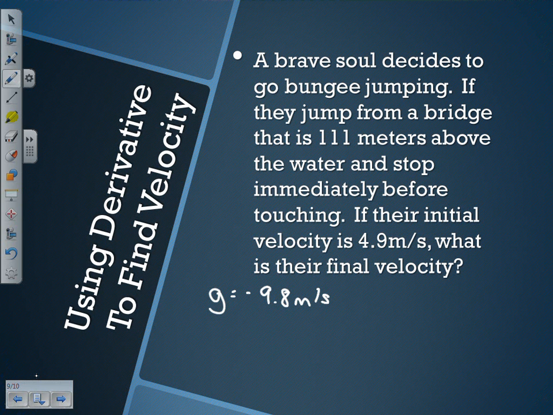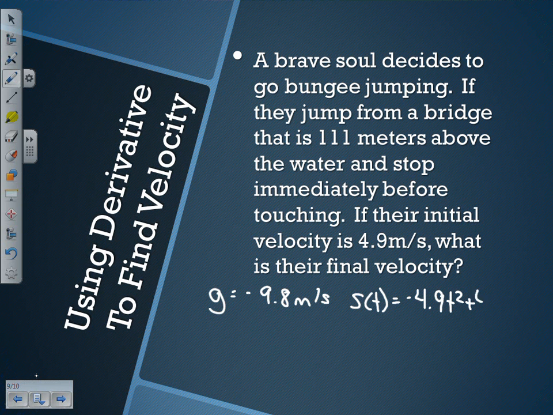So our position function is going to be s of t equals, what's it say to do first? A half. What's half of 9.8? So negative 4.9 t squared plus, what's the initial velocity? 4.9.